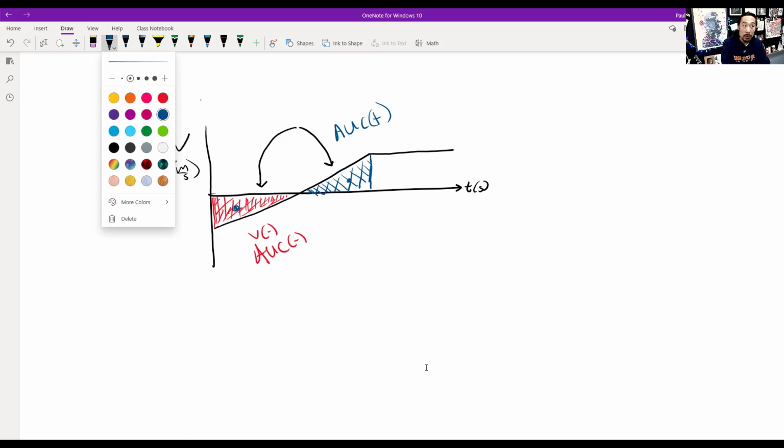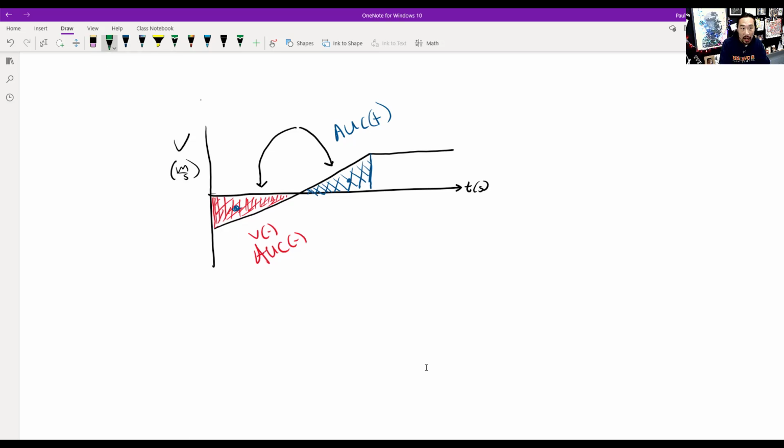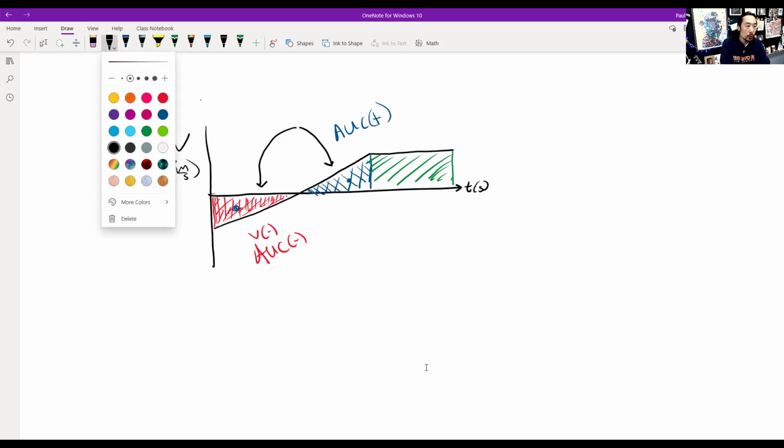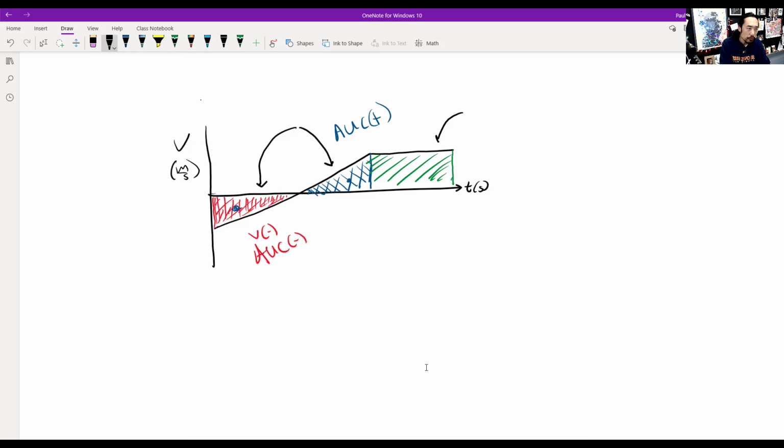So what that means for us is that the only area you have to actually calculate would be this rectangle here. All right. So if we are doing our thought processes, we can say for a velocity time graph, the AUC is displacement, and then we can say the object has a positive displacement, right?